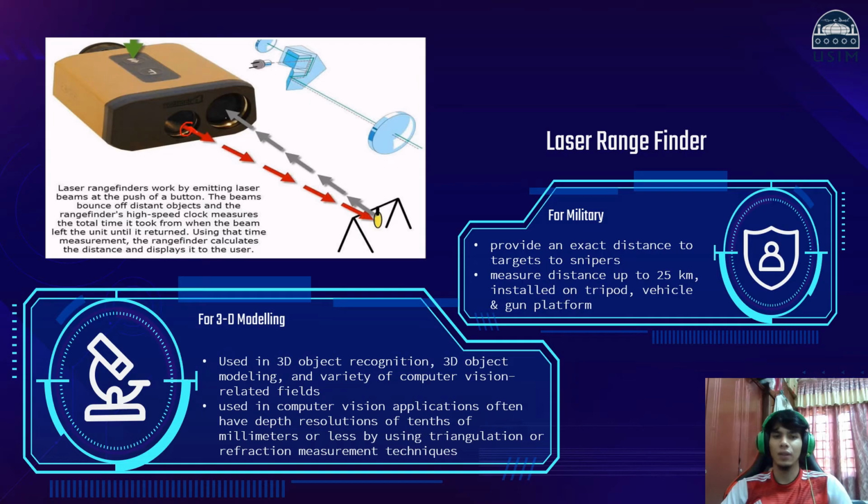As we know, computer vision applications often have depth resolution of 10 millimeters or less, using triangulation or refraction measurement techniques. So both of these are used for measuring distance. By using this device we can get accurate distance.